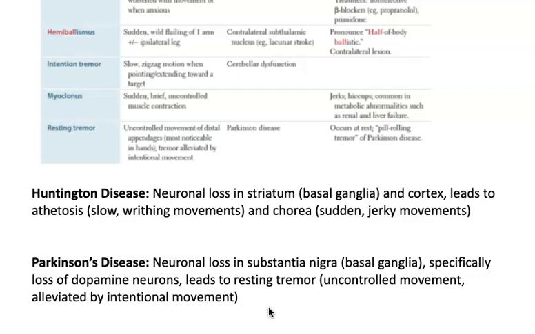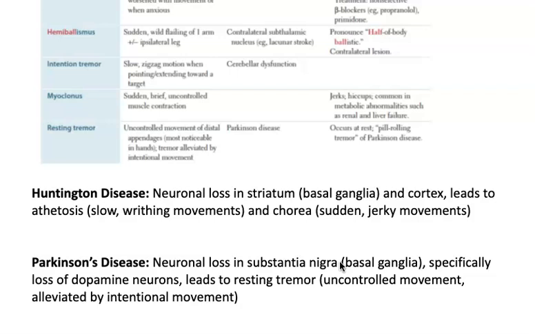And that is specific cell loss in an area of the basal ganglia, but different than Huntington's disease, where in Parkinson's, it's a loss of neurons in the substantia nigra. And those neurons in the substantia nigra specifically release dopamine.